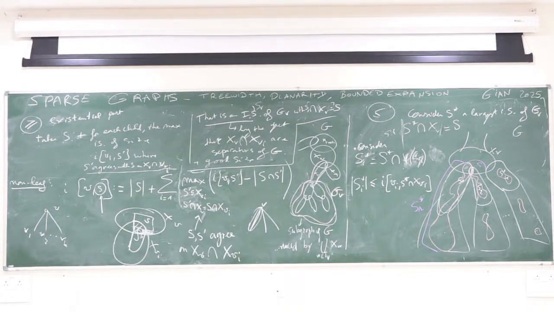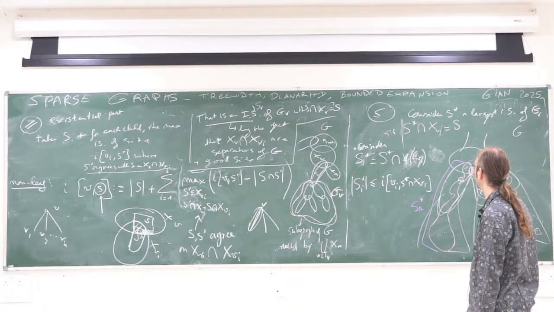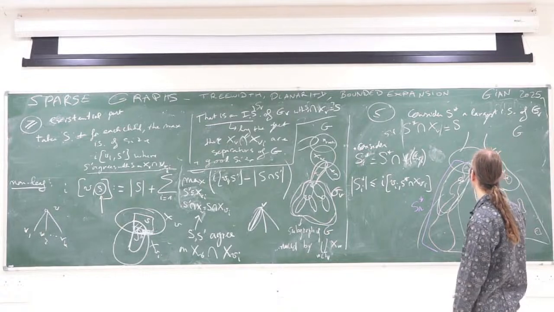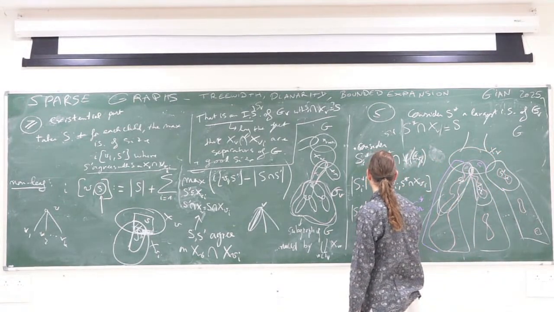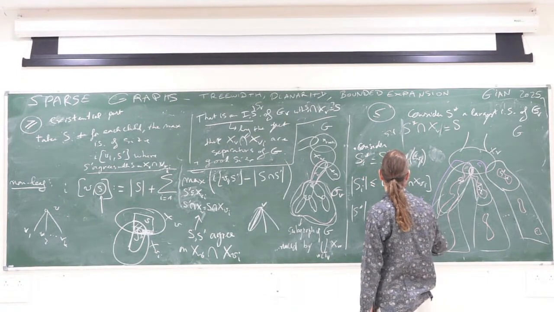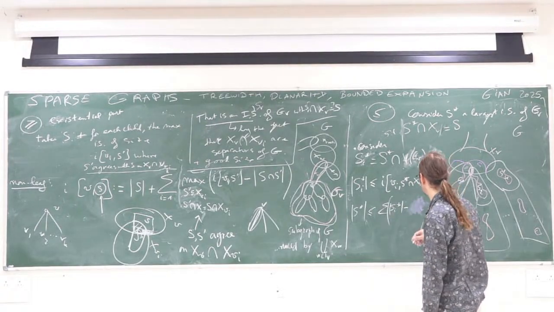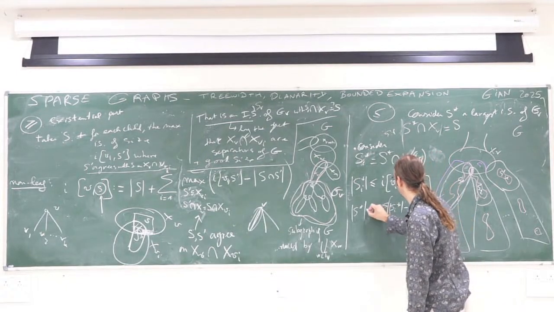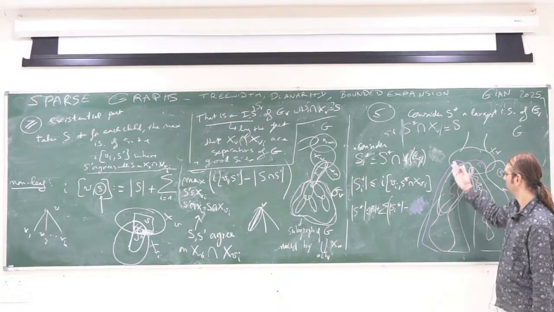Okay, so we have S_i star this. Now I think we just have to plug in the numbers. So S star is at most the sum of the S_i stars minus the intersection with S. I have to count S because I'm going to remove it from each thing.